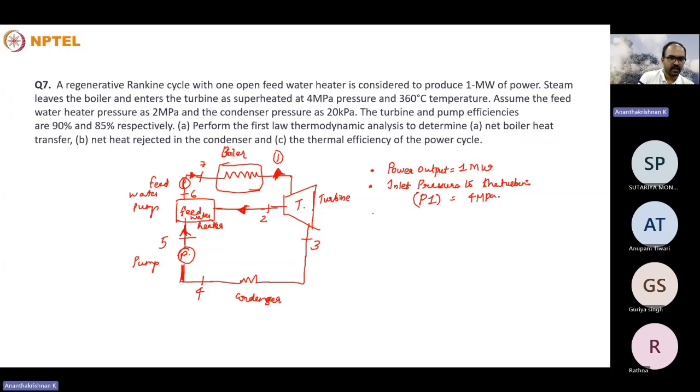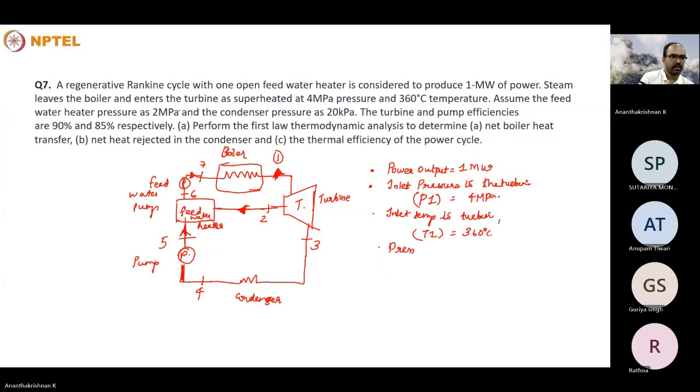Inlet temperature to the turbine, T1 point could be written as 360 degrees Celsius.